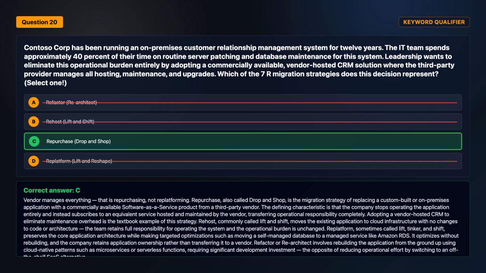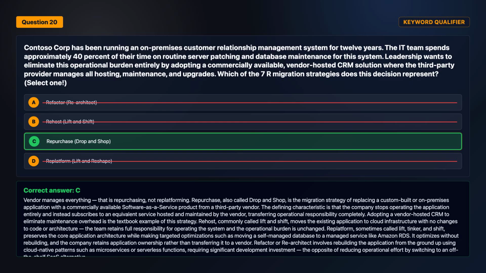Rehost, commonly called lift and shift, moves the existing application to cloud infrastructure with no changes to code or architecture. The team retains full responsibility for operating the system, and the operational burden is unchanged. Re-platform, sometimes called lift, tinker and shift, preserves the core application architecture while making targeted optimizations such as moving a self-managed database to a managed service like Amazon RDS.